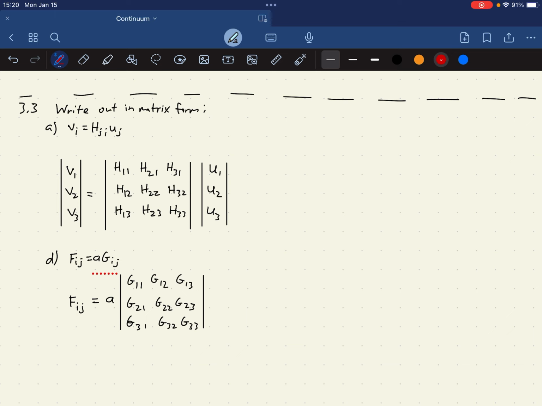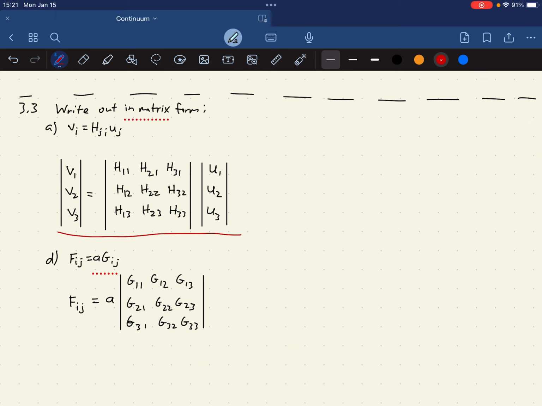So we know since there's only one index on V and U at most, and assuming we're staying with the same convention of indices 1 through 3, we're only going to have a 1 by 3 matrix for V and U. However, since H has two subscripts and 1 through 3, we have a 3 by 3 matrix for H. So you can clearly see here how that all works out.